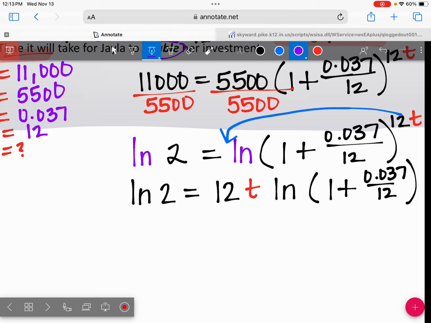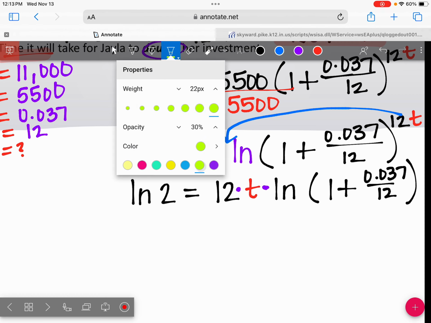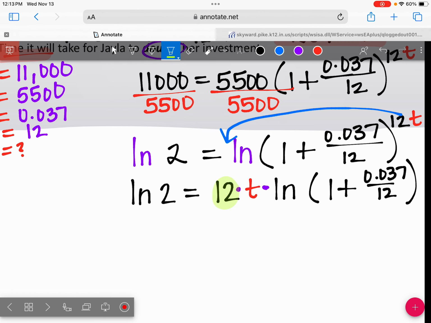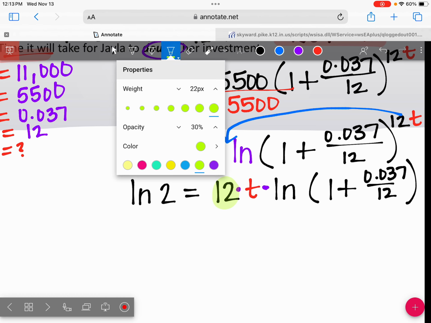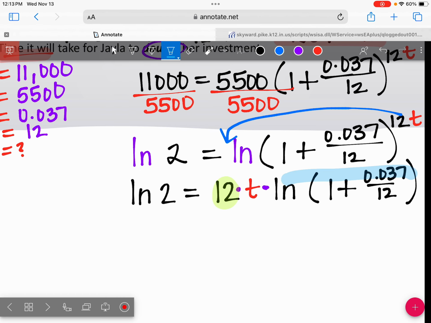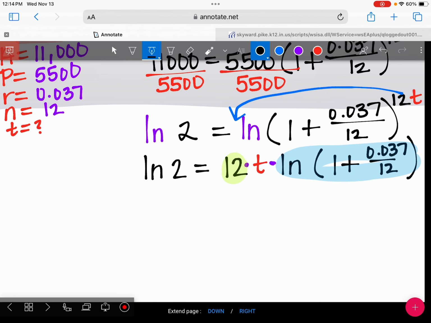Now, I want you to keep in mind that these are being multiplied. This is a number that I'm multiplying by time, and so is this. This is a number. So I have to divide both sides by those two things that I have highlighted. This is really kind of complicated, but you have to take your time.